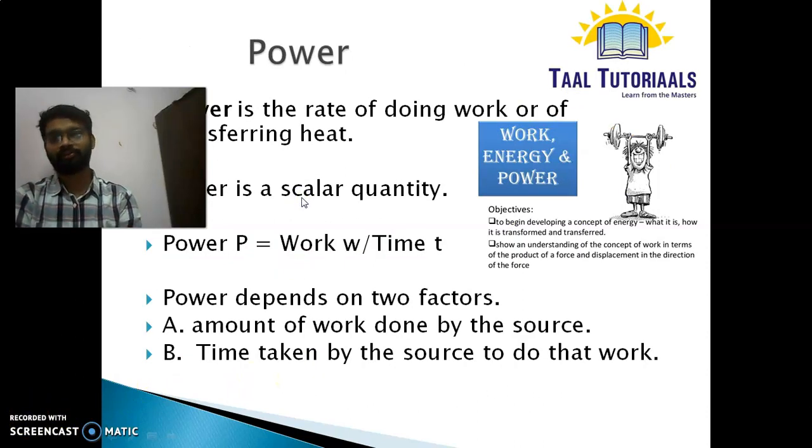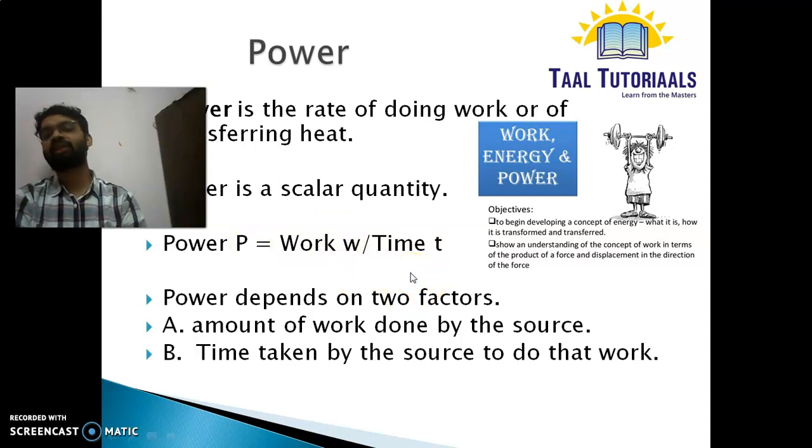What is power? Power is the rate of doing work or transferring heat. This is power. So we can say power is a scalar quantity. Why? Because it does not require any direction. When we come to its measurement or formula, power is equal to work by time.